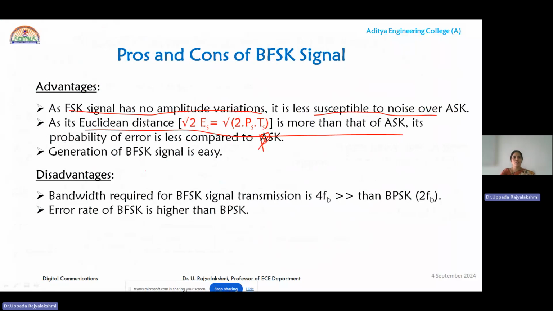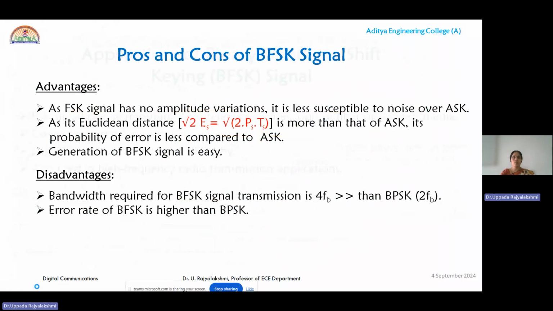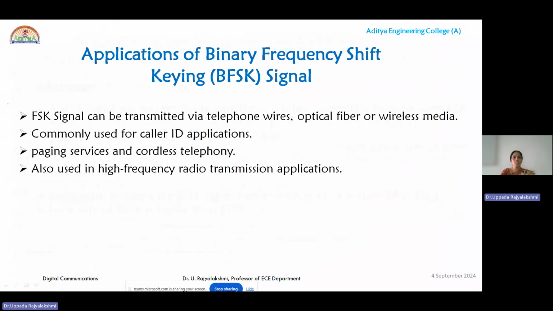The generation of BFSK is easy, but the bandwidth required for BFSK is very high. This is the main drawback of BFSK. Also the error rate is higher than BPSK but less than BASK. That's why FSK is used in paging services and cordless telephony.